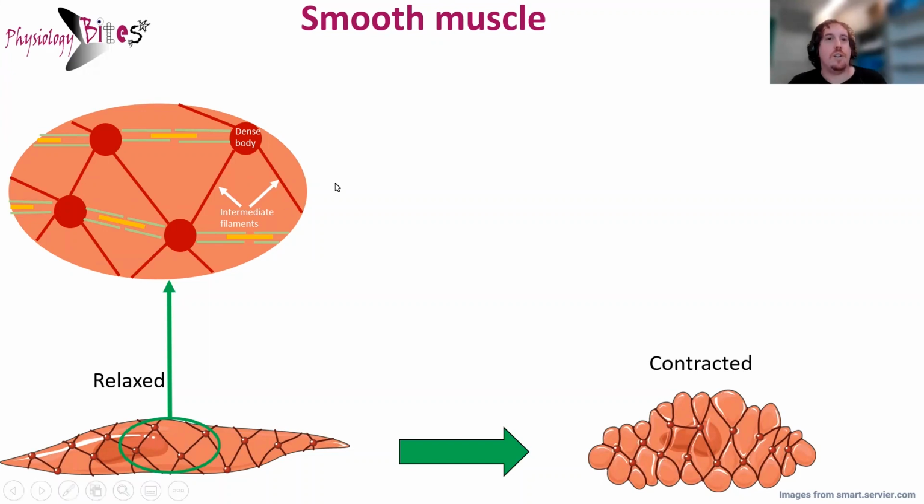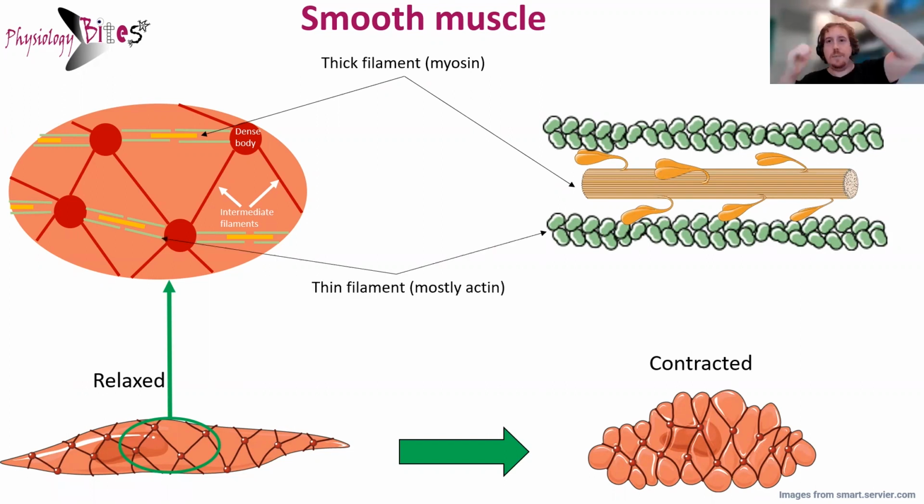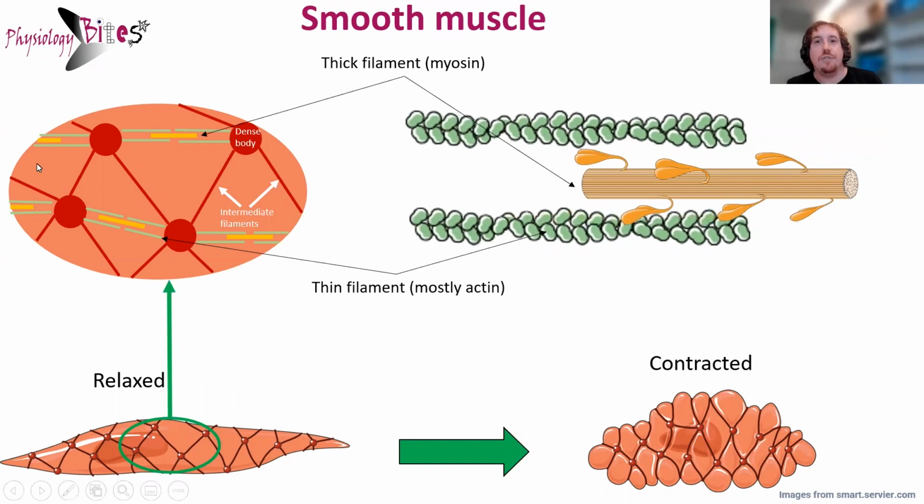The things which cause contraction are our thick and our thin filaments. Thick filaments are made of myosin with these globular heads. Those globular heads are going to bind to the thin filament, the actin on the thin filament to be specific. When they do that, a power stroke occurs. And that power stroke physically moves the thin filament in, for example, this direction.